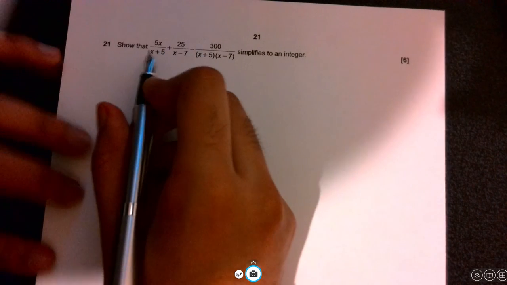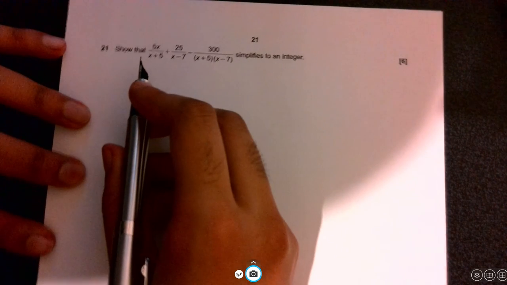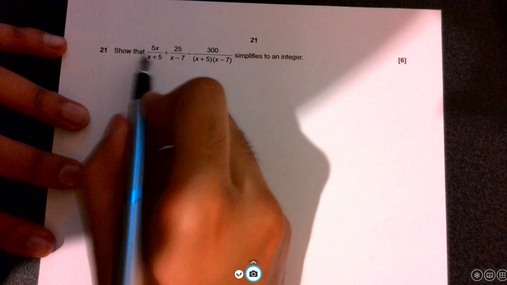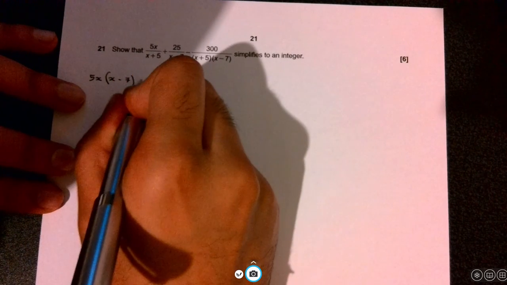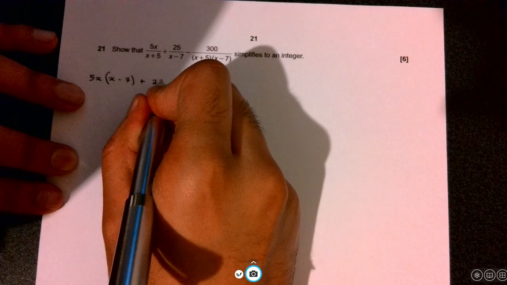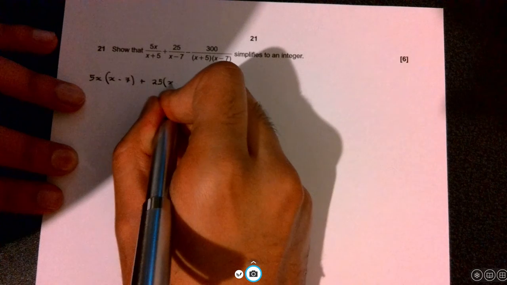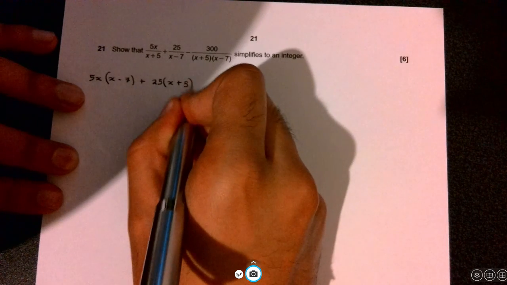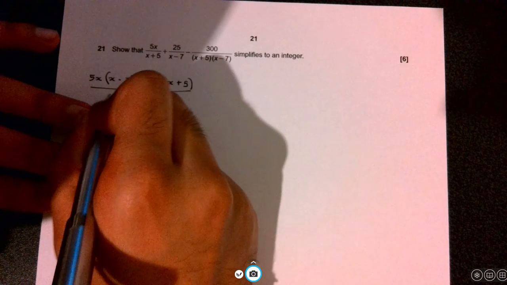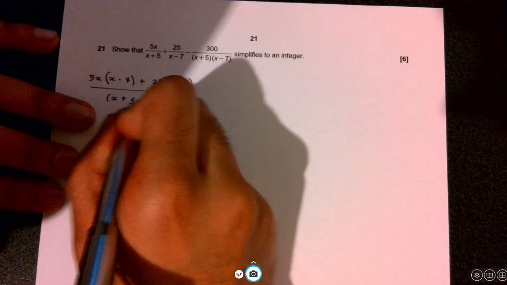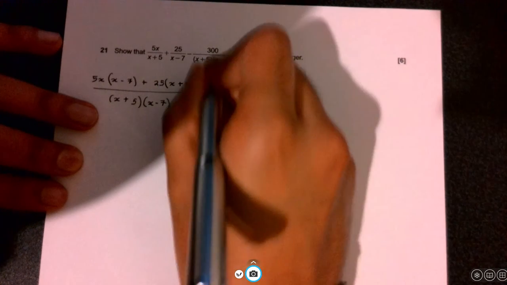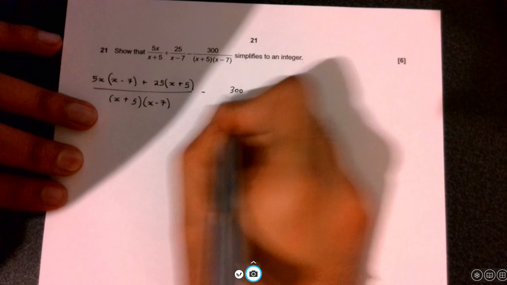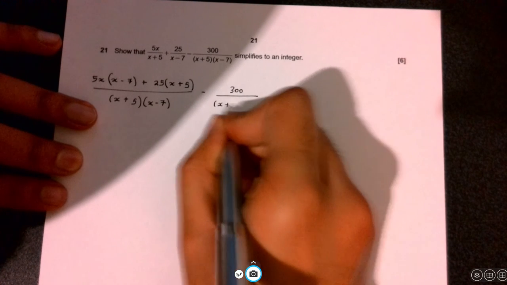We multiply the 5x by the (x minus 7), and then we have 25 lots of (x plus 5), over (x plus 5)(x minus 7), and then we subtract off this 300 over (x plus 5)(x minus 7).